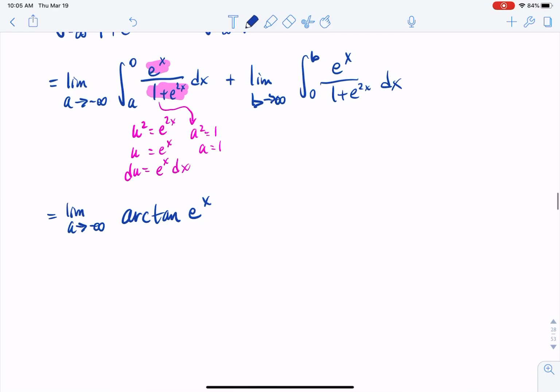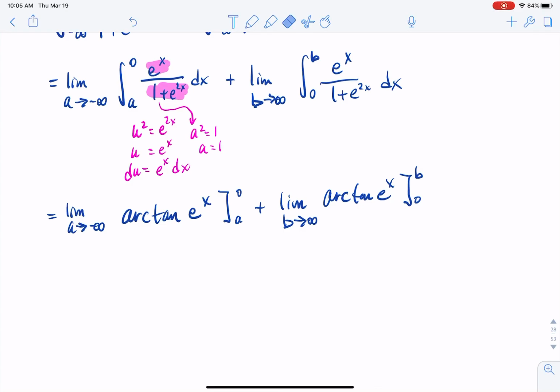A is 1. It also has a 1 over a in front, but all of that's 1, so it's fine. And then this is going to be evaluated from a to 0, and then do the same thing for the second part, the arctangent of e to the x evaluated from 0 to b.